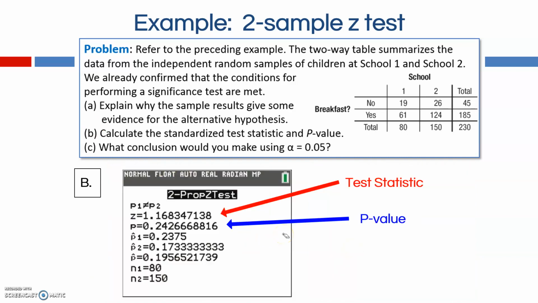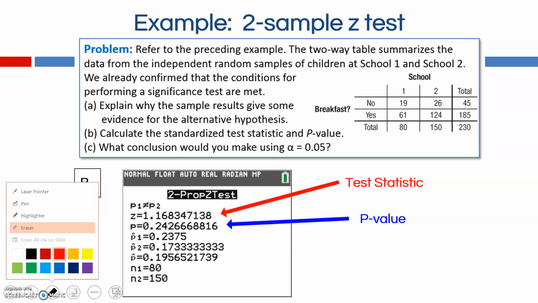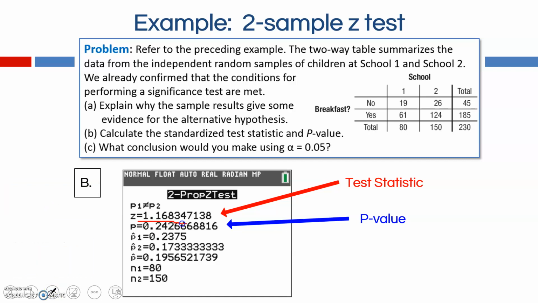If you do all of that correctly, you are going to notice that you will have a z value, which is our test statistic. That's our z-score of 1.168. And this p-value right below it is about 0.24. This is your p hat sub 1 as listed, and this is your p hat sub 2 as stated. And what is this other p?